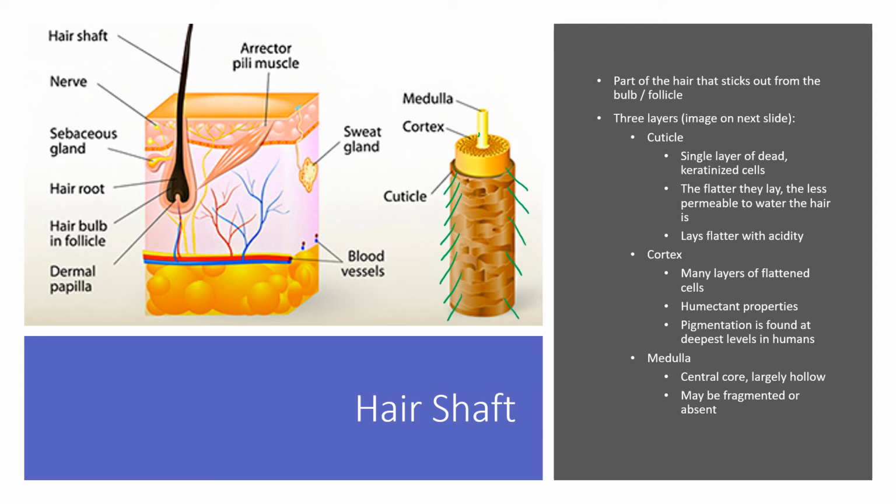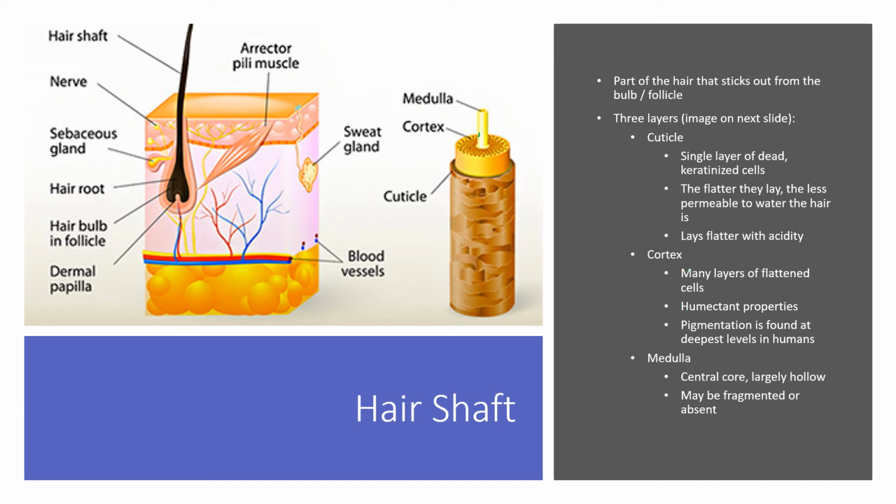The extra energy and the moisture in the air is going to pull those away. The cortex of your hair, with humectant properties, with moisture holding onto properties, is going to soak that right on in, and it's going to hang on to it, which is going to help force those shingles out even more to a point where you really realize it and you can feel the difference in the texture of your hair. This is what's making your hair frizzy when it gets humid out.